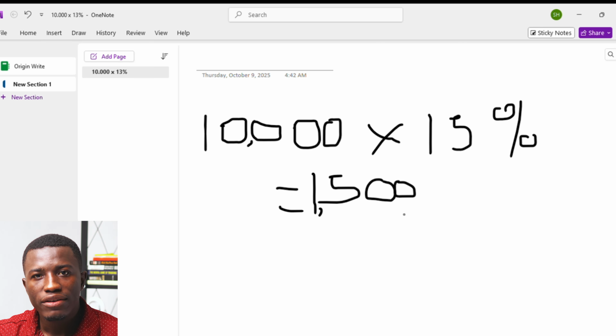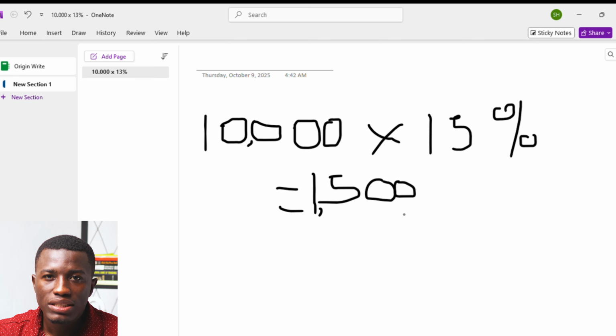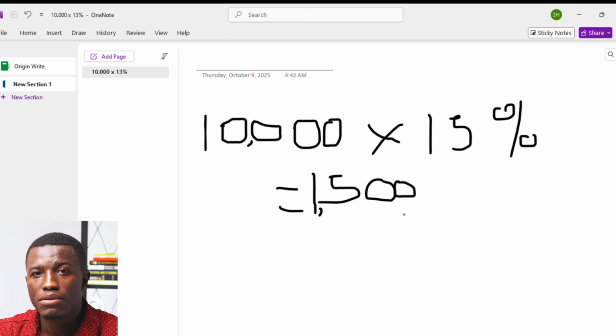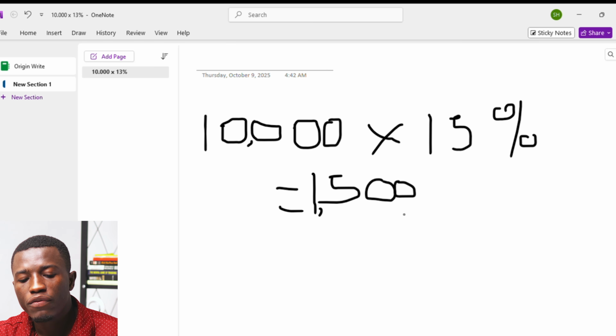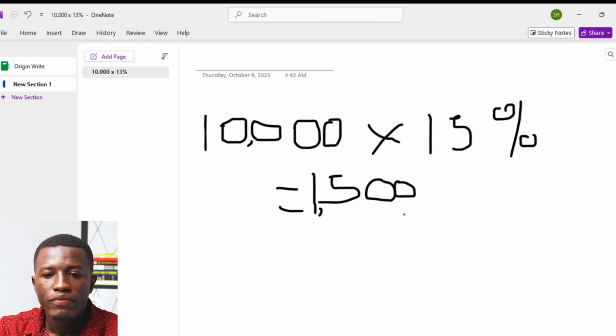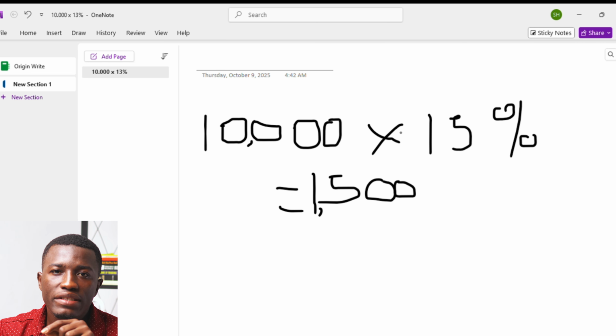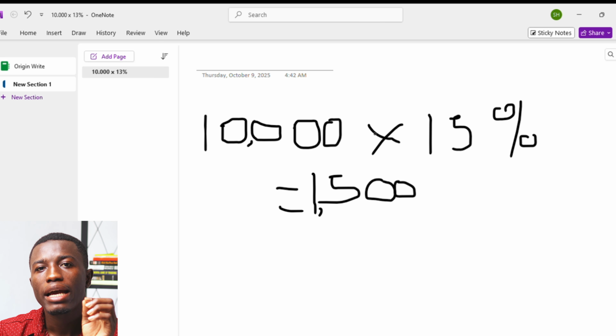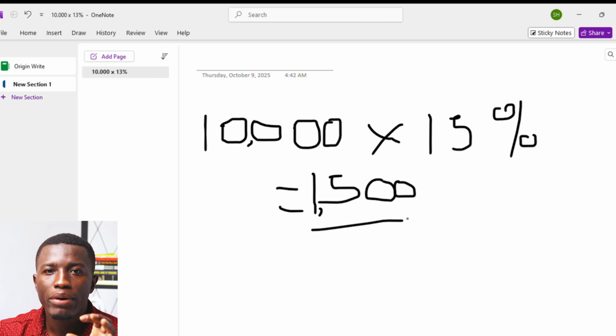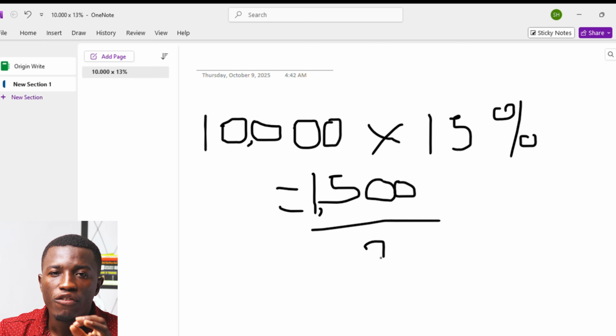But let's say you are investing your 10,000 Ghana cedis for 6 months at the rate of 15%. Simply what you have to do is divide this 1,500 by 2. The reason we are dividing it by 2 is that the 15% for an annual period is 12 months, and here we are investing for only 6 months, meaning it is half of the amount.